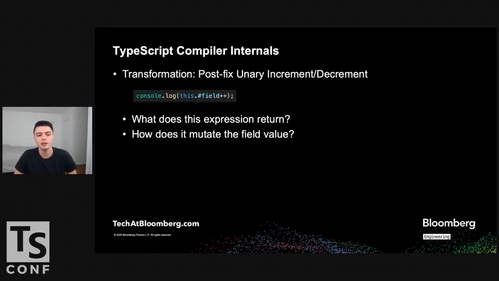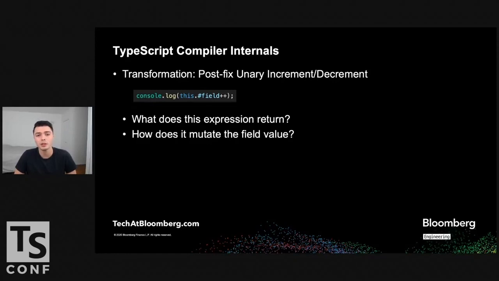You might think that we can simply store the existing value that was in this field, increment the field value by 1, and then return the existing value. This isn't quite right because it turns out that the ++ operator first coerces the value to a number. So if this.hash field stores a string, the return value of that expression will not be a string.